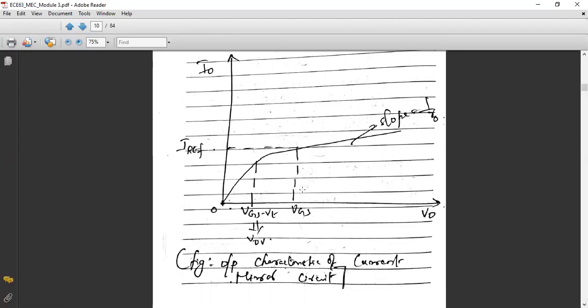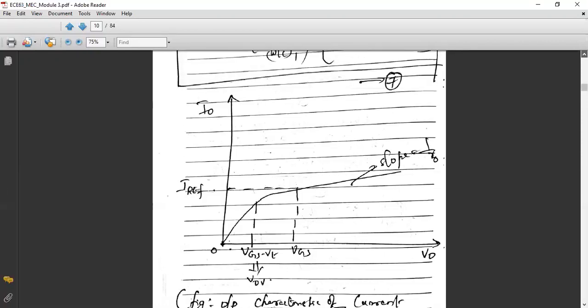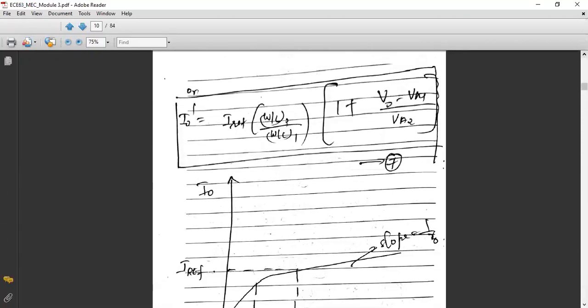Beyond this, even if we increase the voltage, the output current has negligible change, but it has a very minute variation, which is determined by the slope. A small change in output current with respect to a large change in V0 is its slope, and the slope is equal to 1 divided by R0, where R0 is the output resistance. You have found this from this particular equation.